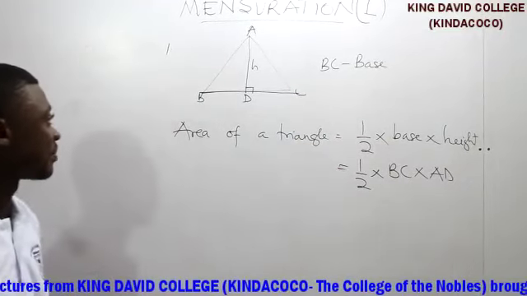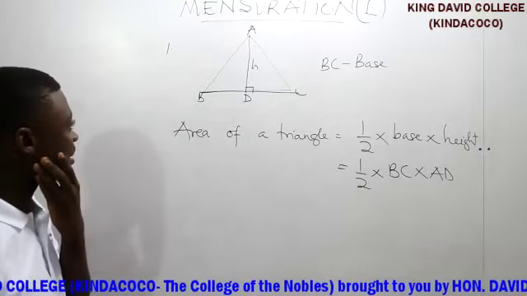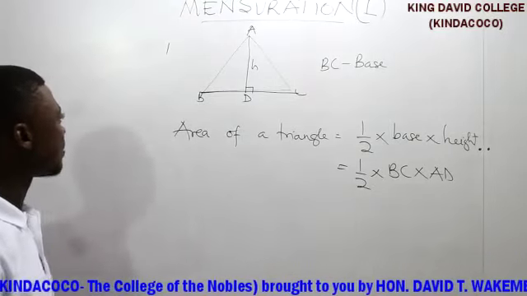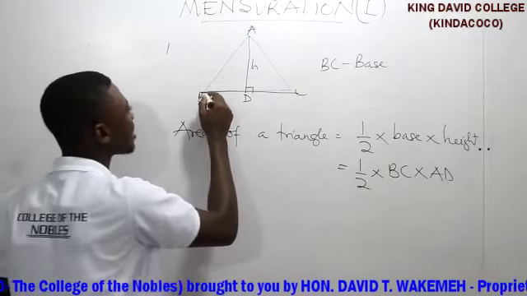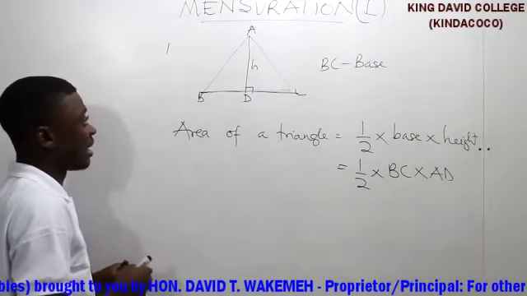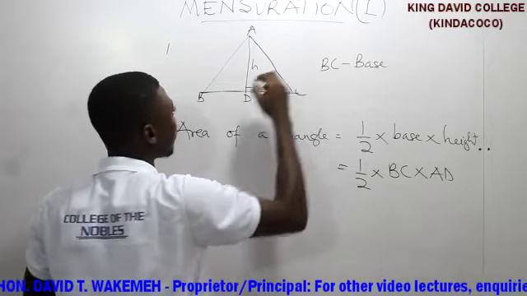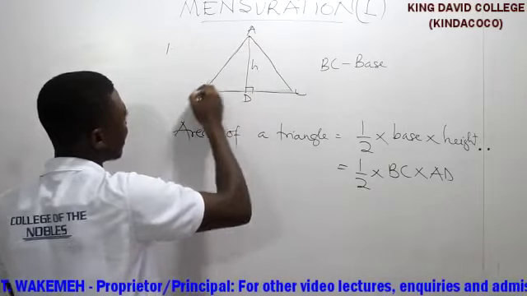So any triangle you have is going to be half times base times what? The height. Okay. If you want to determine the perimeter, then we first of all determine the value of this base, and then we determine the value of this side here plus this side here.